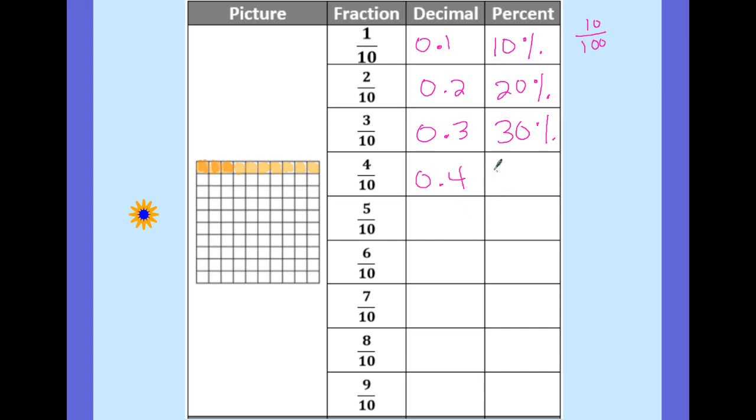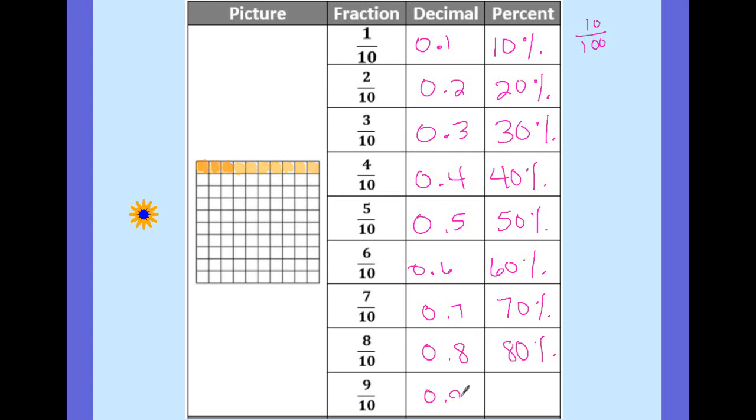Then you have 4/10, which is 40%. You have 5/10, which is 50%. 6/10, which is 60%. 7/10, or 70%. 8/10, or 80%, and then 9/10 for 90%. And of course, if you were to shade the whole model, you would have shaded 100% or one whole.